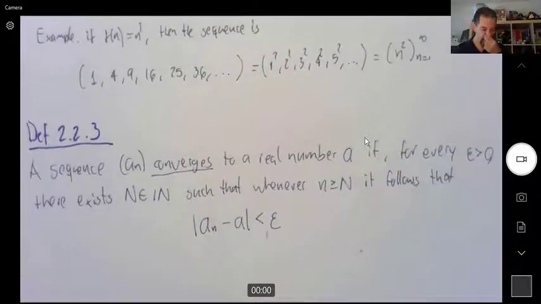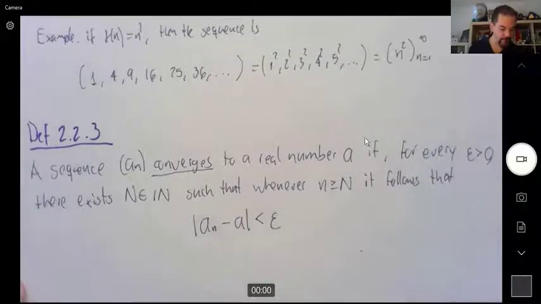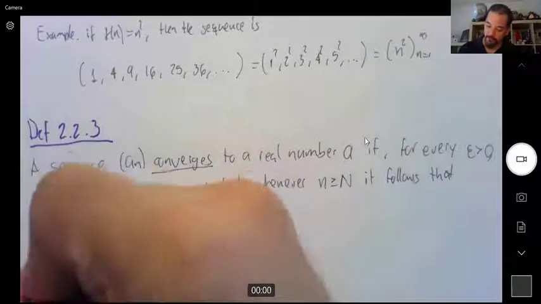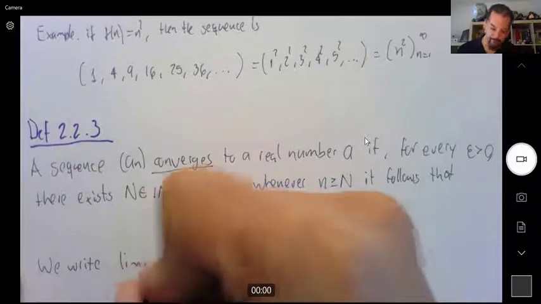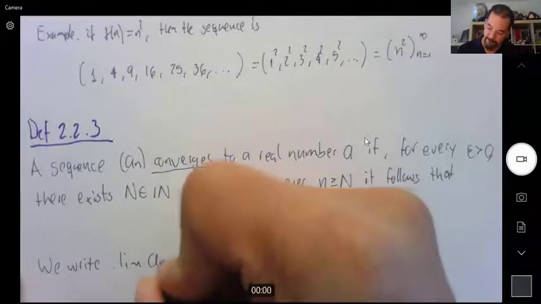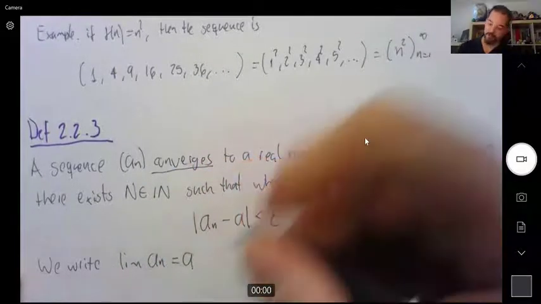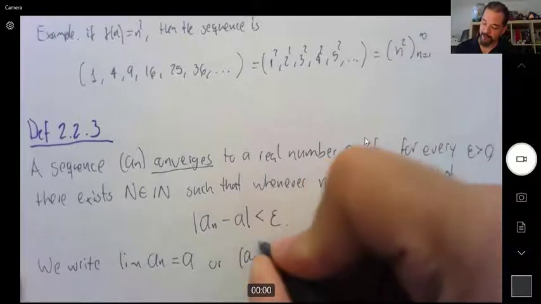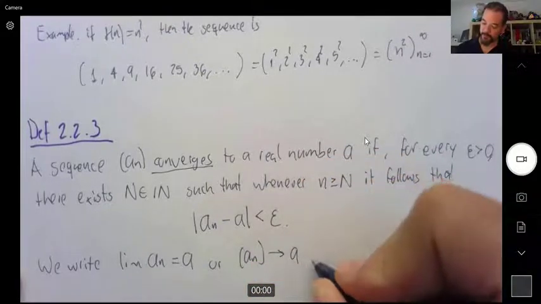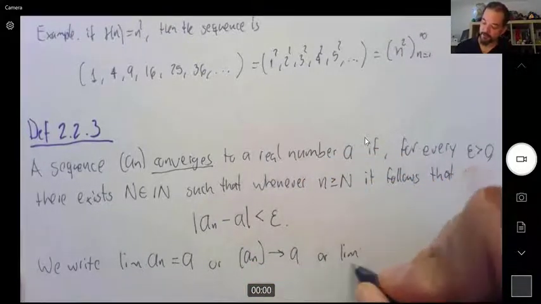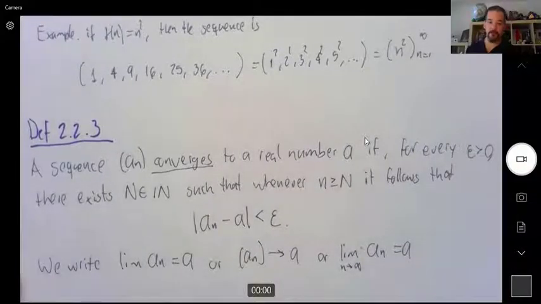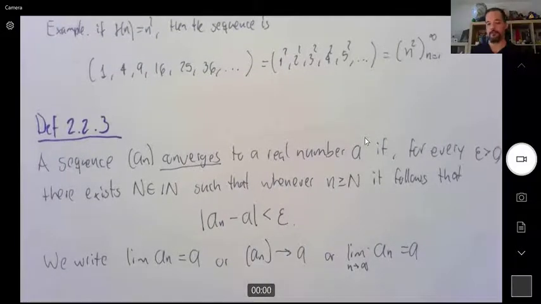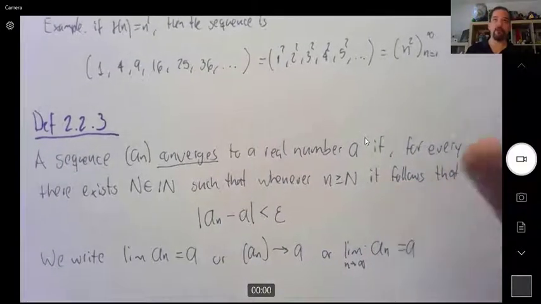All right. I'll provide my observations in a moment. Let me finish this up. We write the limit of a_n equals A, or a_n arrow A, or this one, which is a bit more precise. But I like our book because it's very concise.